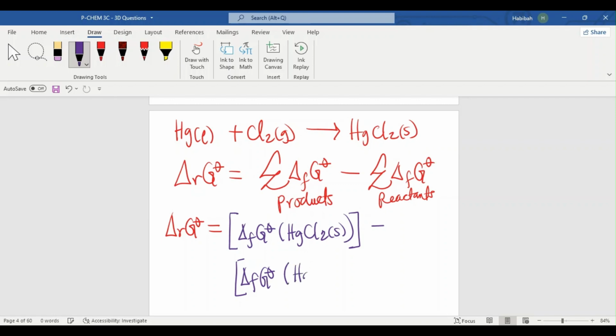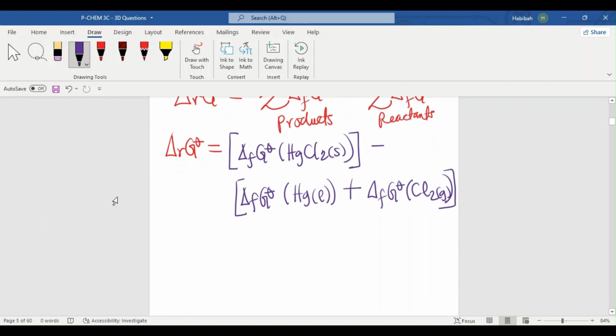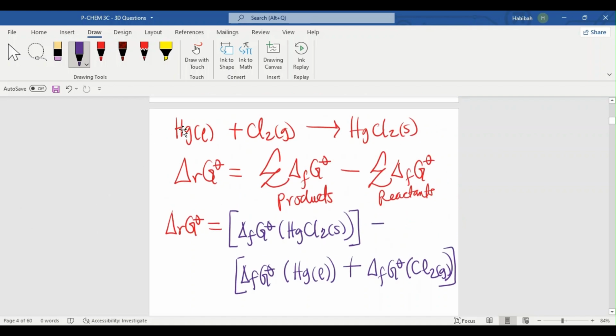So you have Hg liquid plus the Gibbs energy of formation of the other reactant, which we have to be Cl2 gas. Okay, so we've basically organized. You can look at this particular part of the question. You can see that we don't have to organize twice because the reactant does not have a coefficient greater than 1, or neither does the product have a coefficient greater than 1.